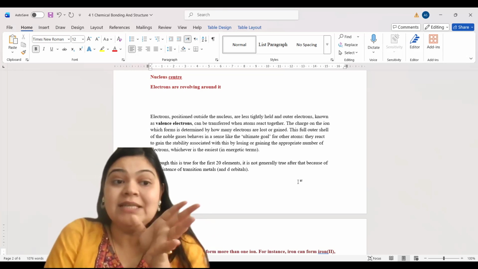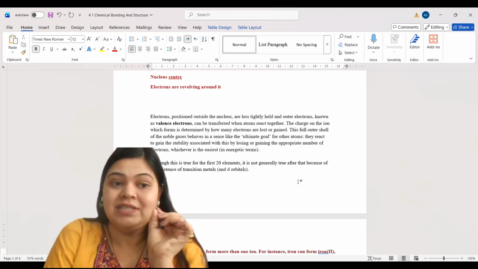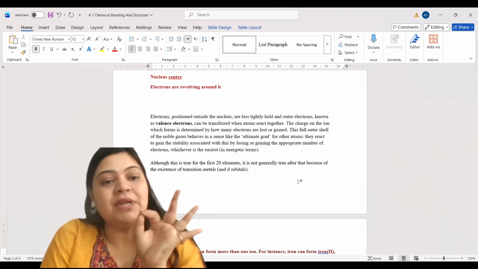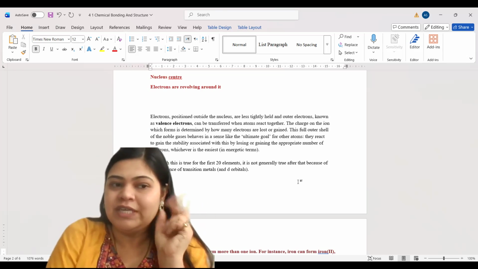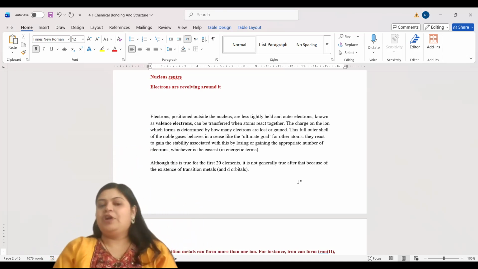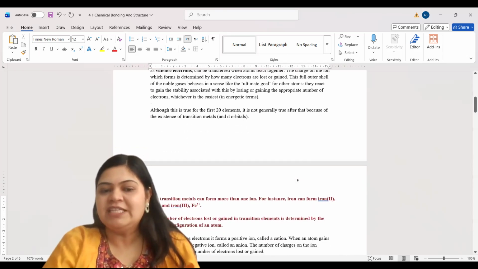Why? Because they exhibit more than one valence state. For example, iron has +2 and +3 states. Two states it has. That's why it is not involved with this type of bonding. Okay, hope this is clear. Yes, they have mentioned here ferrous and ferric state.